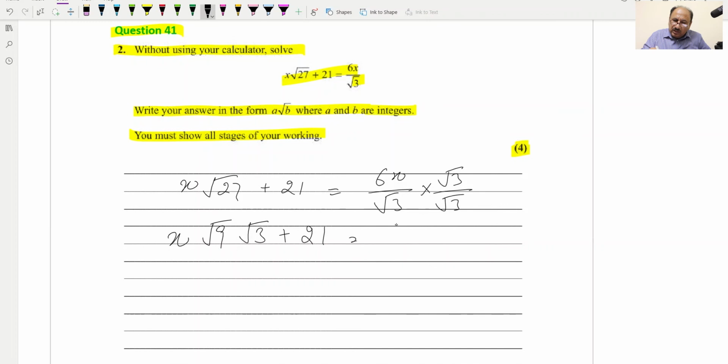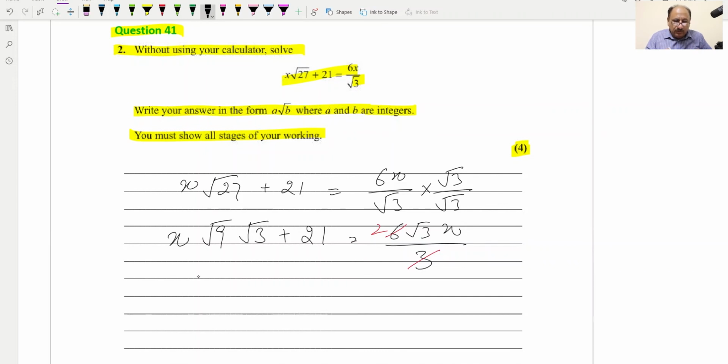So this side will be 6 under root 3x over, under root 3 squared will be 3, so we can cancel this 3 and this will be 2, and now we can further simplify.